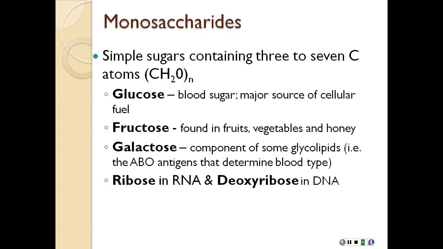Fructose and galactose also have 6 carbons, but they are all monomers, monosaccharides, also called simple sugars. And you also have ribose and deoxyribose. And you all have heard those before.